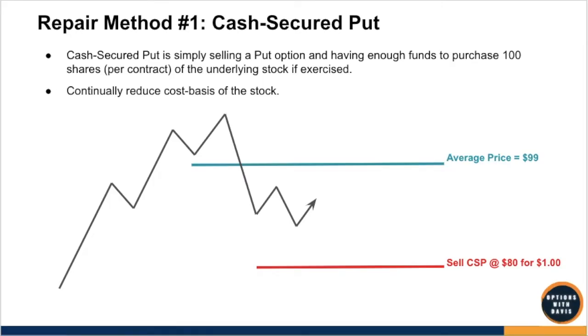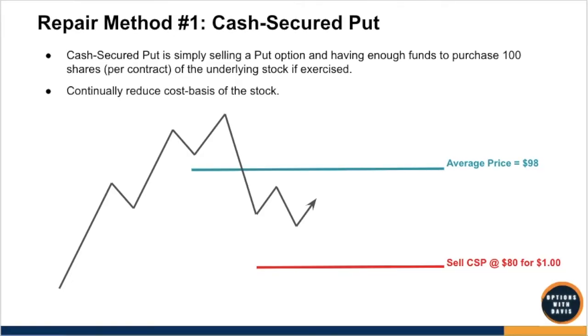This dollar again will contribute to reducing the cost basis of your stock, and now your average price becomes $98. Then again, you let the price move, it may drop below your strike very briefly, and then go back up and close above again. Again, your cash secured put expires worthless, and you collect the $1 credit.